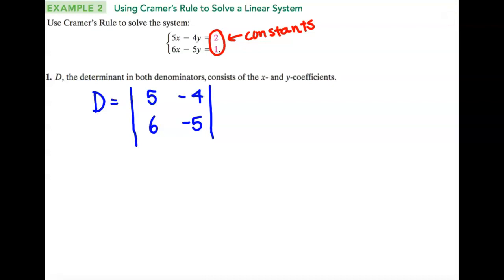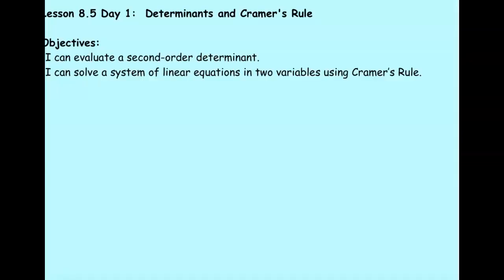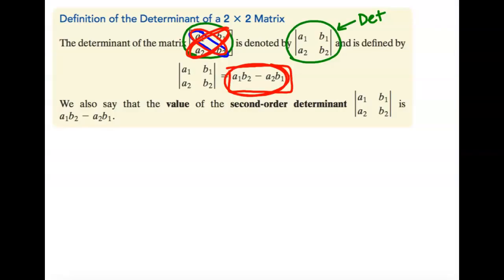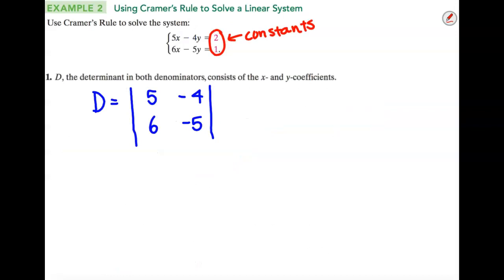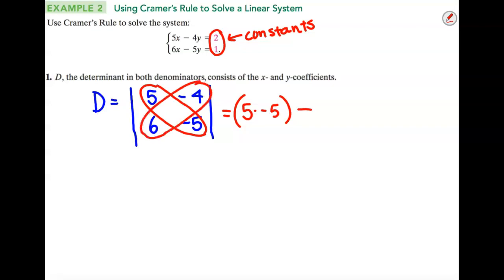I'm going to go back a few slides. We've done this already, where we use the butterfly method: you multiply those 2 terms together and then these 2 terms together, subtract them, and you get a determinant value. We're going to do that here. We multiply 5 and -5 together, and subtract 6 and -4 together.